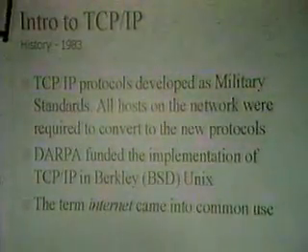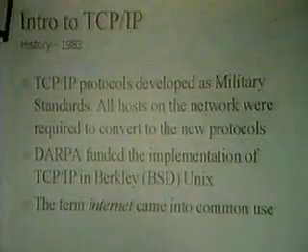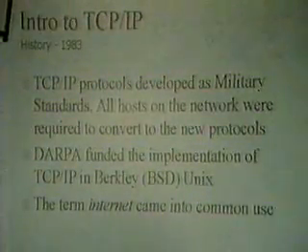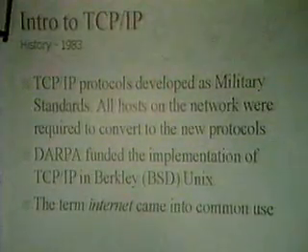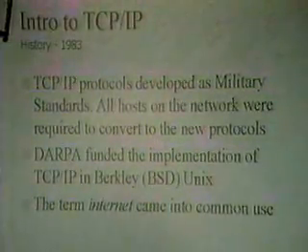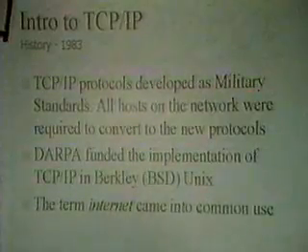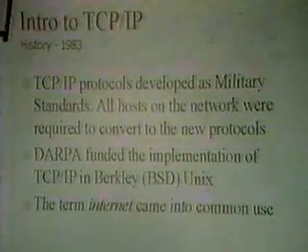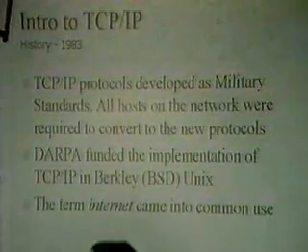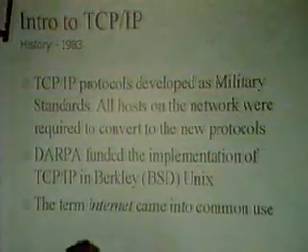In 1983, a couple different things happened with TCP/IP. The TCP/IP protocols were developed as military standards. They were then enforced as military standards. All hosts on the network were then required to be able to use this communication suite to talk to each other. Also in 1983, DARPA funded the implementation of TCP/IP in Berkeley or BSD Unix.